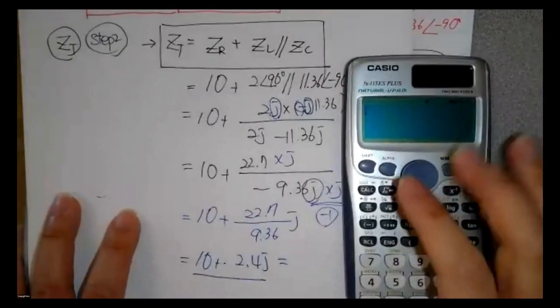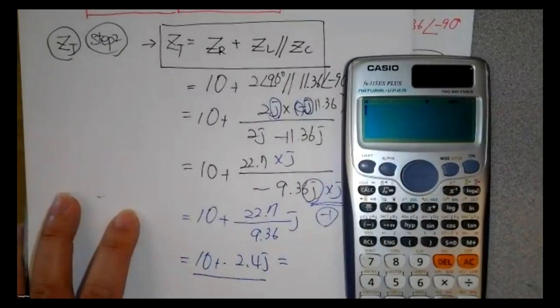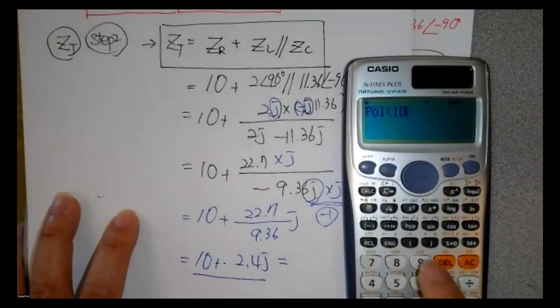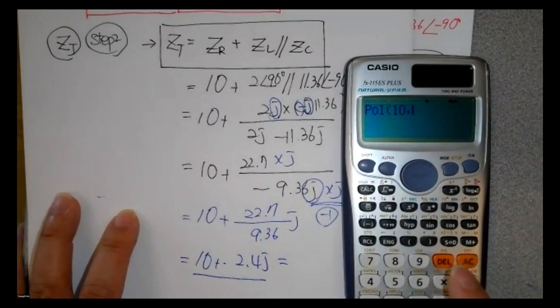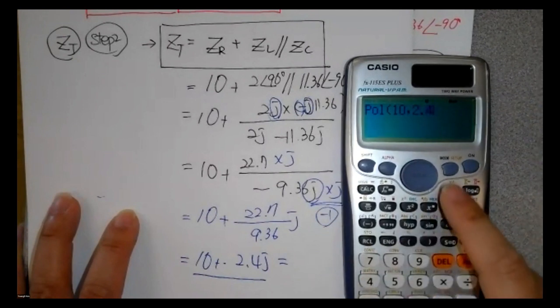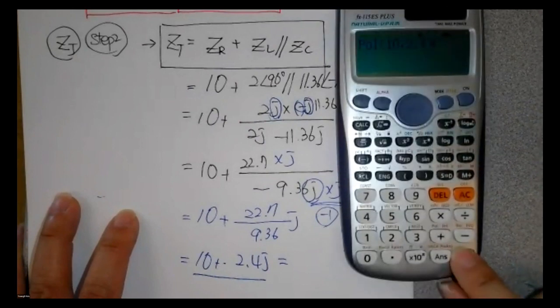So we have to make a conversion, shift to polar form: 10, comma, 2.4, closing and enter.